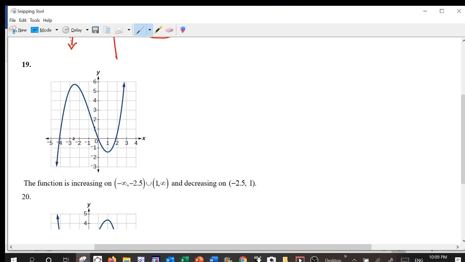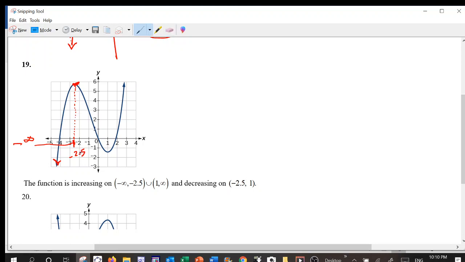So between -2 and 3, if you go up right about there, from, and this arrow means that this thing is going to go to infinity this way, and eventually it's going to cover all the x-axis here to the left. So from -infinity to this number on the x-axis, which is -2.5, this function is increasing.